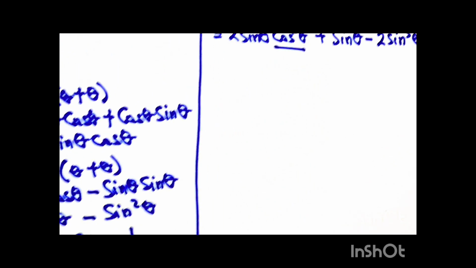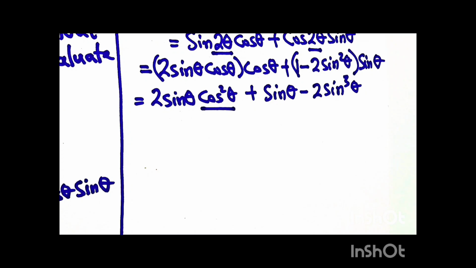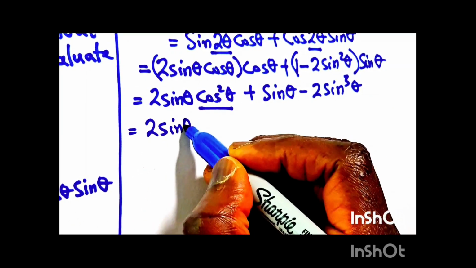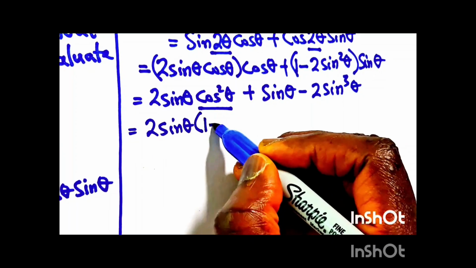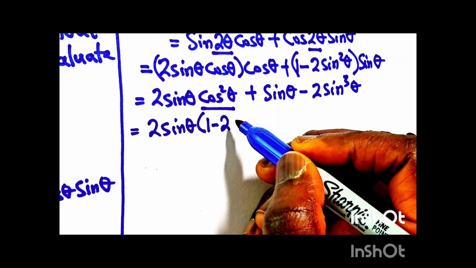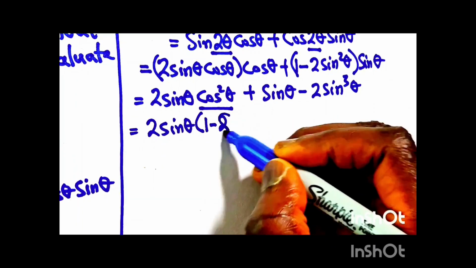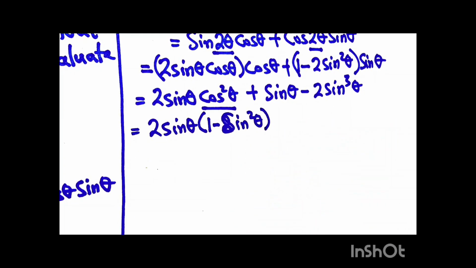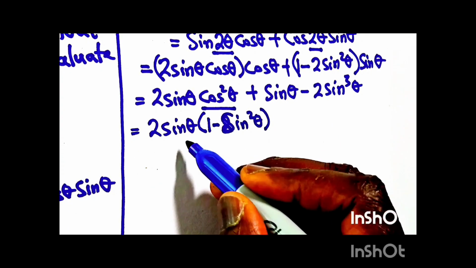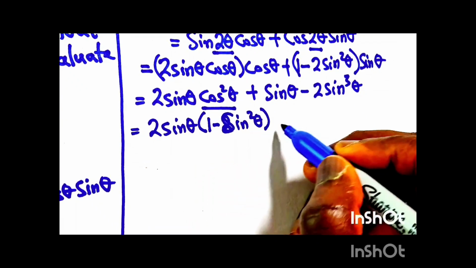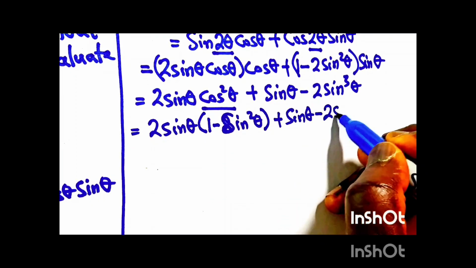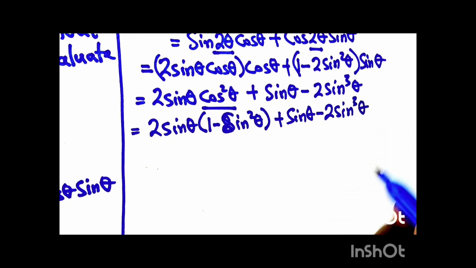We're going to fix that in there also. And if we do that, that means we're going to have 2 sine theta into bracket 1 minus sine squared theta, plus sine theta minus 2 sine cubed theta.